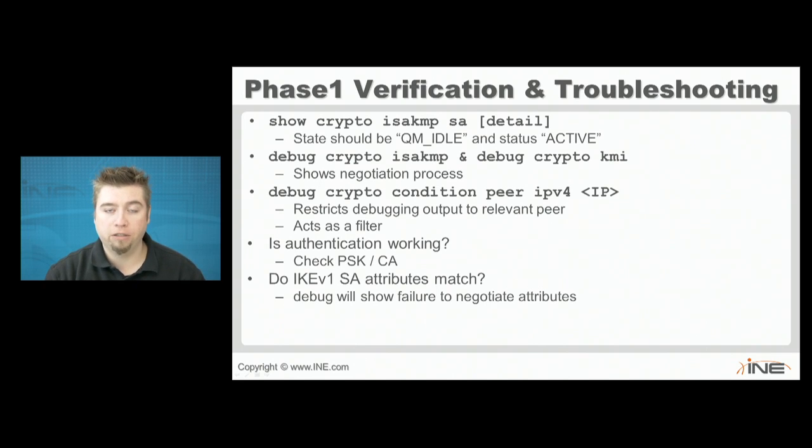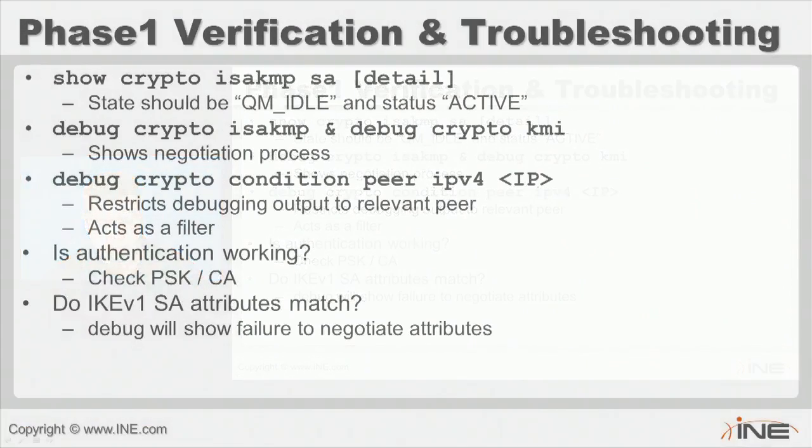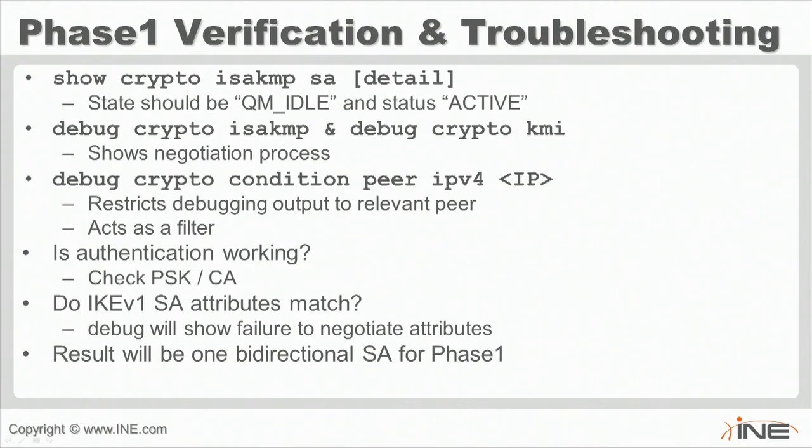The debug is going to clearly tell you whether the attributes are acceptable. If not, it'll show specifically, in the step-by-step process, which attribute is not acceptable or which one is rejected. Now, if everything is working, what we should see is one bidirectional security association for the phase 1 ISAKMP. So we should see bidirectional UDP connectivity, UDP 500 specifically, between the initiator and the responder.